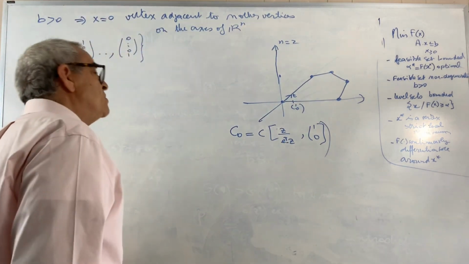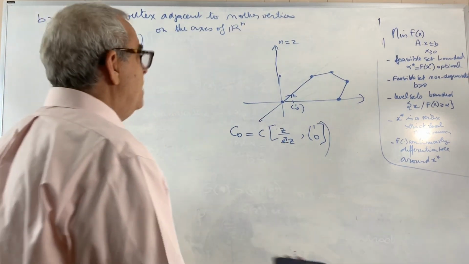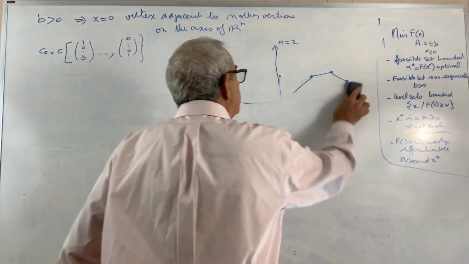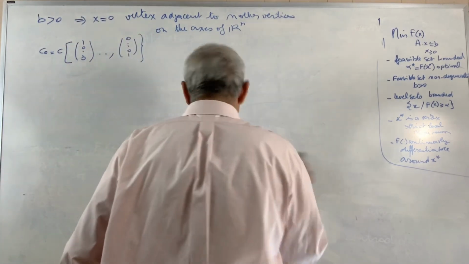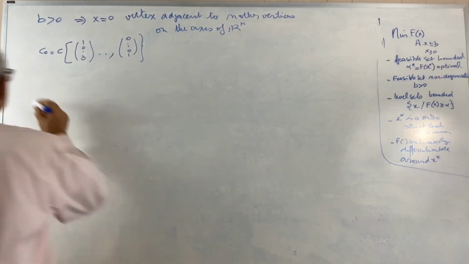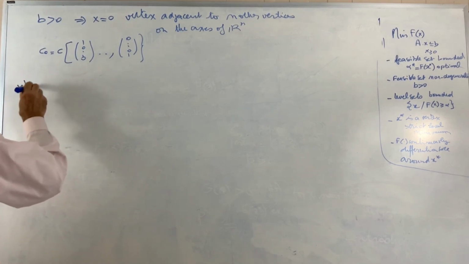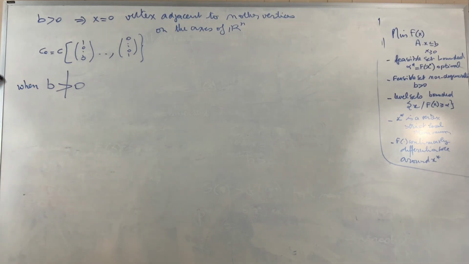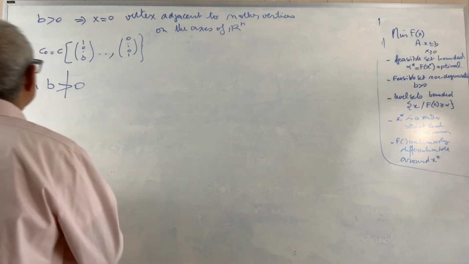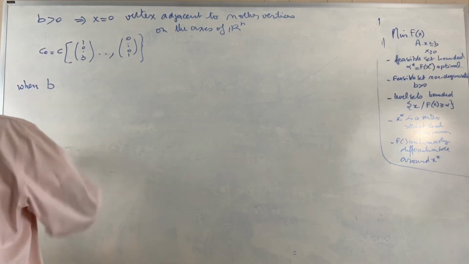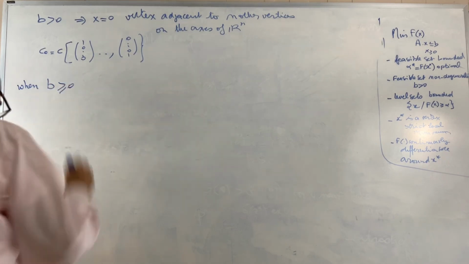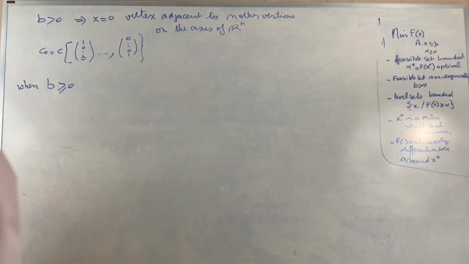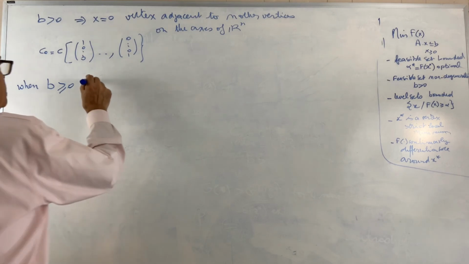Now in higher dimension, so this is n equal to 2. In higher dimension, when B is greater or equal to 0, right? Not strictly bigger than 0. So some Bi's are 0.